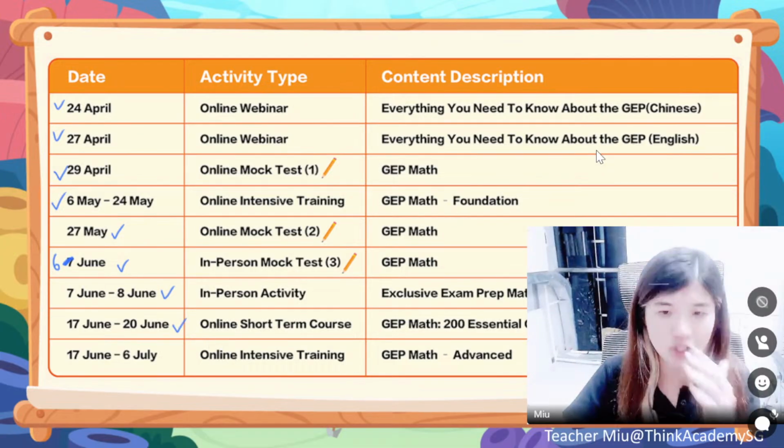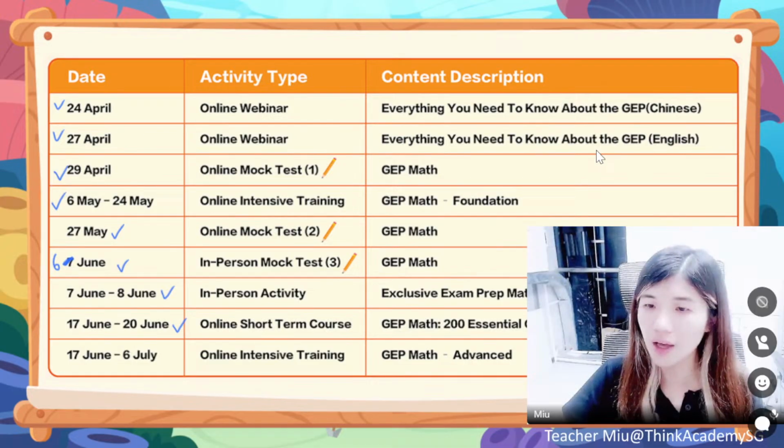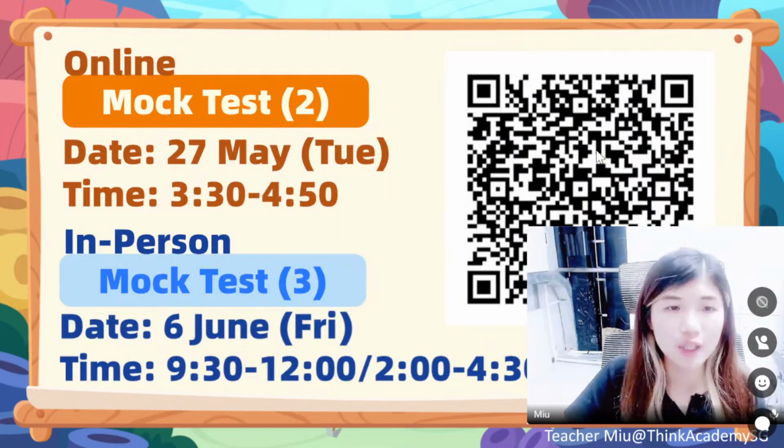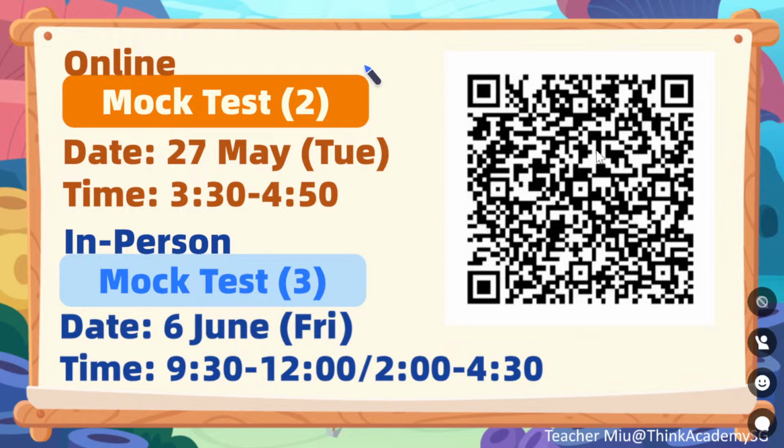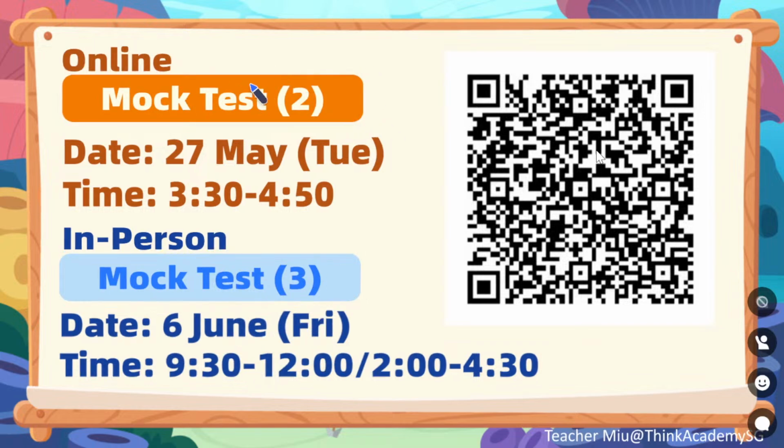Let me just show you the way to get enrolled. For the mock tests, we have 2 coming up. Mock test 2 is an online one, which is next Tuesday in the afternoon. You can just scan the QR code to sign up for both mock tests. The in-person one is on June the 6th, which is a Friday.